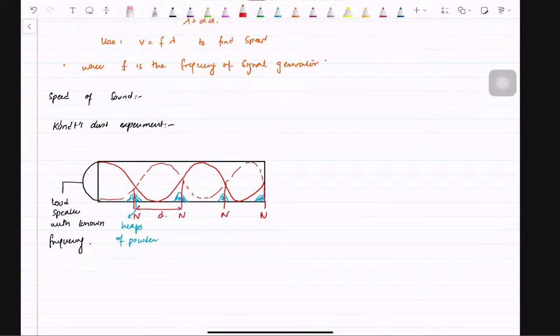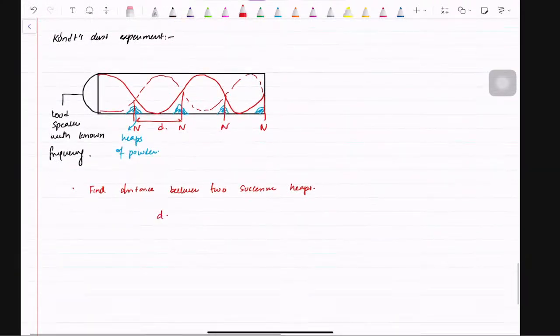So find the distance between two successive heaps. That distance is going to give you half lambda because it is the node to node distance. You get it?